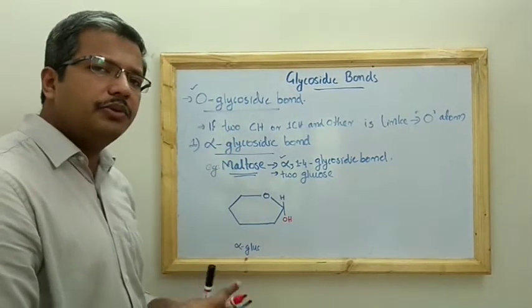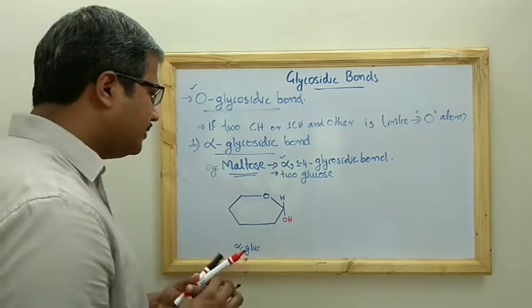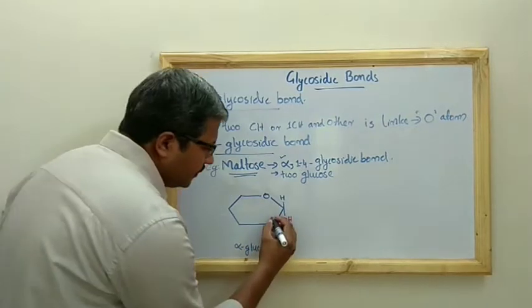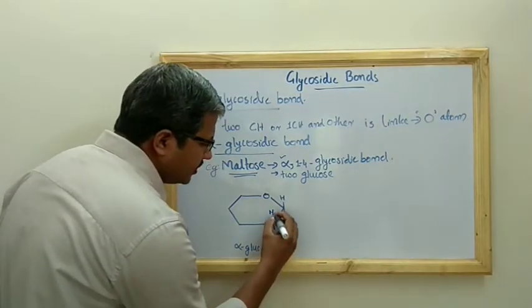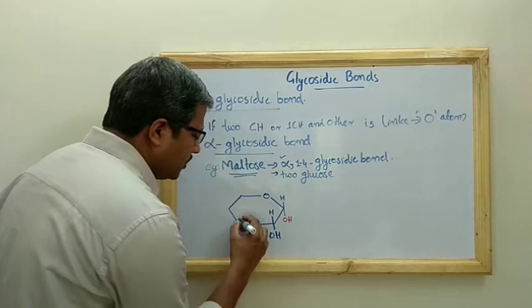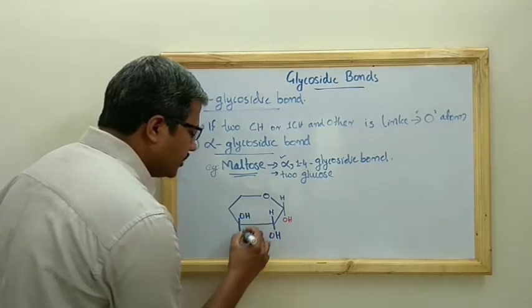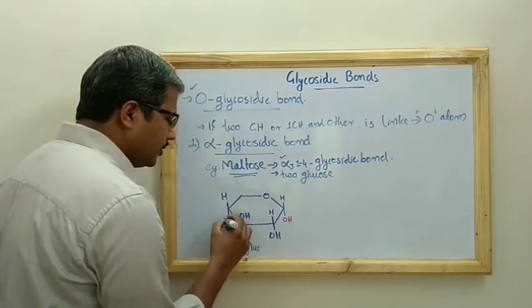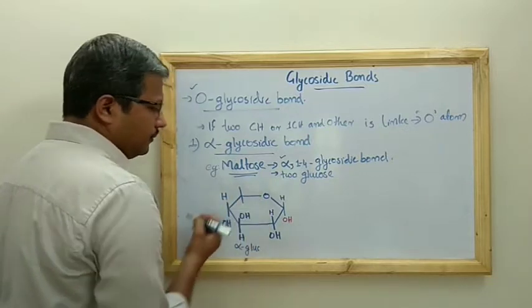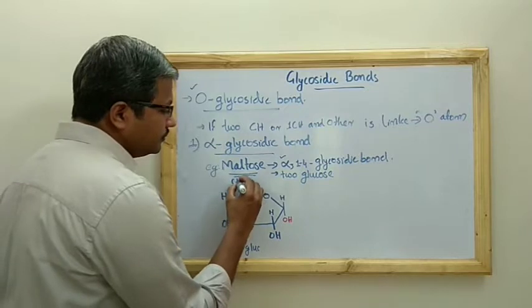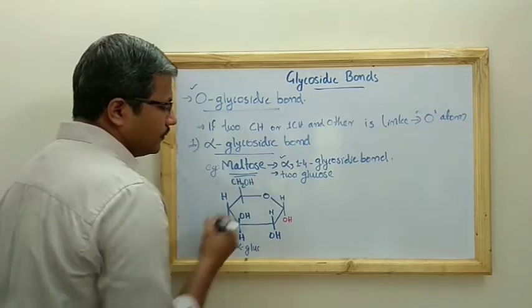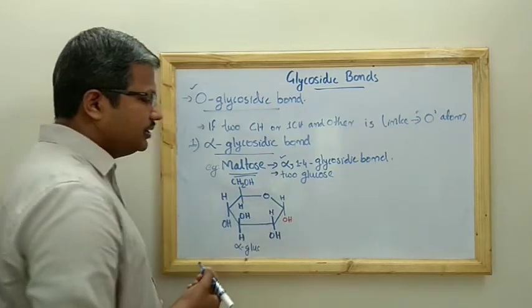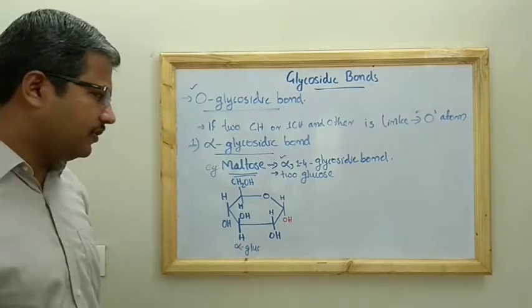Then the remaining portion as we have learned: the first carbon, second carbon HOH, third carbon OH, fourth carbon HOH, and the sixth carbon is there, and fifth carbon OH is utilized for the bond formation during ring formation.